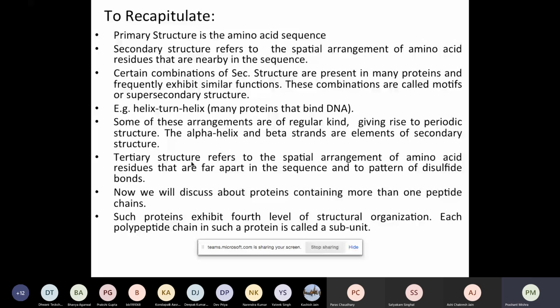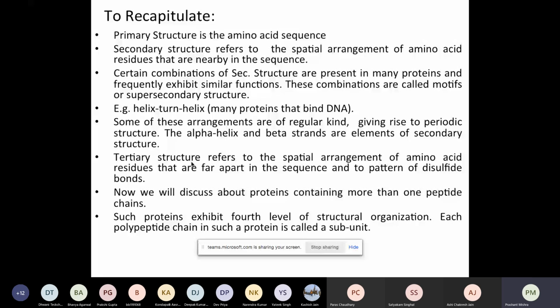If I refer to the secondary structure, it is a spatial arrangement where amino acids are interacting with neighboring amino acids, but this is not the functional structure. So what is the functional structure of the protein? The minimum functional structure of a protein is when it attains a tertiary structure. So once the tertiary structure is formed, the protein can be functional.